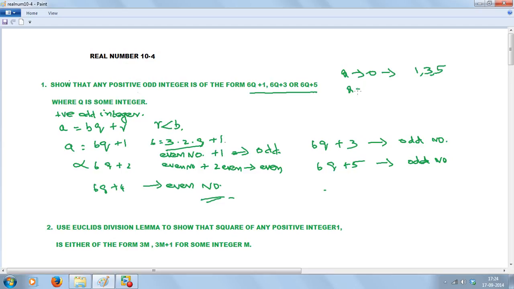If q is equal to 1, then we get 6 plus 1, 7, 9, 11. If q is equal to 2, we get 13, 15, 17 and so on.